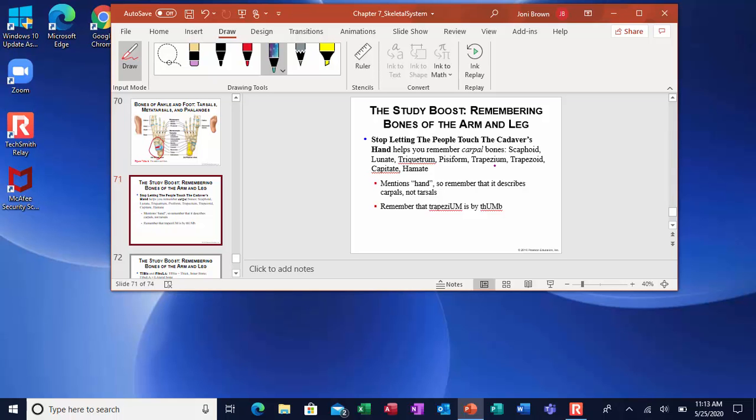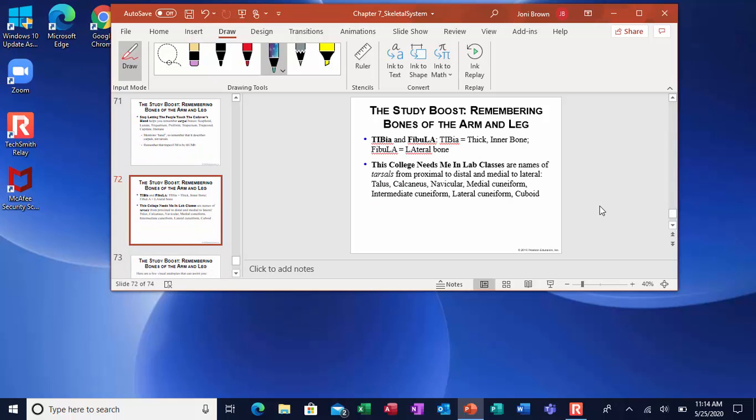The trapezium, the "UM," is by the thumb, which also has a "UM" in it. Carpal bones are in the wrist, and the arm is going to come first. If we're going from the head down, the arm is first, and C's come before T's. Tarsals are in the foot, where the toes are.